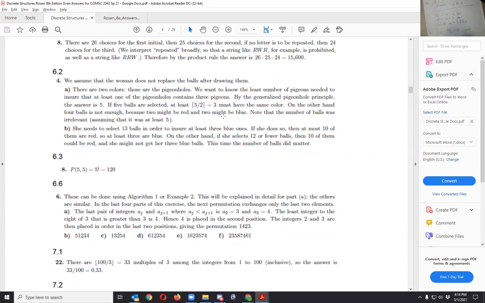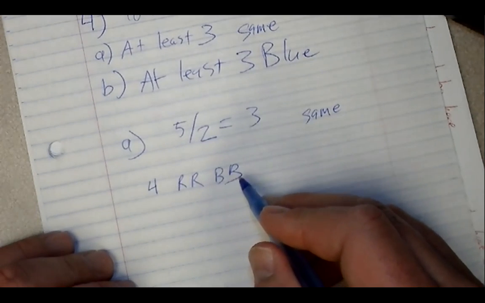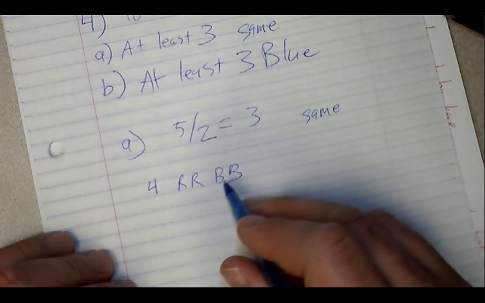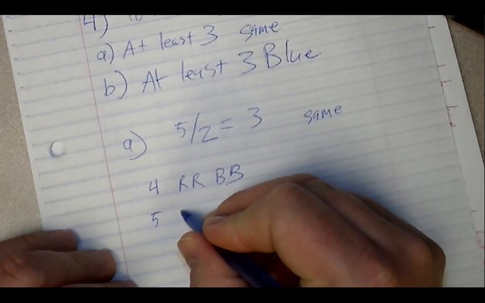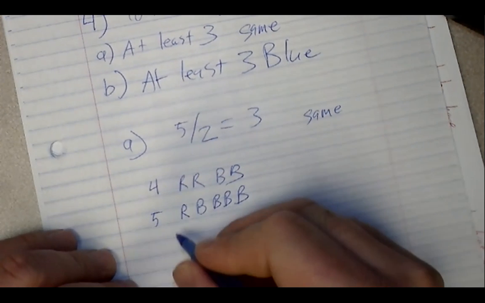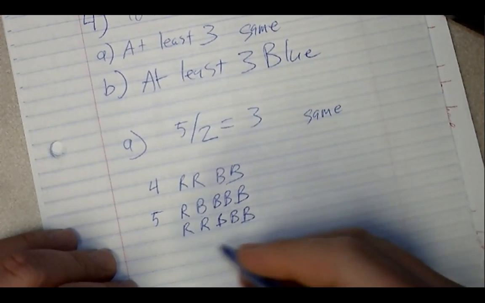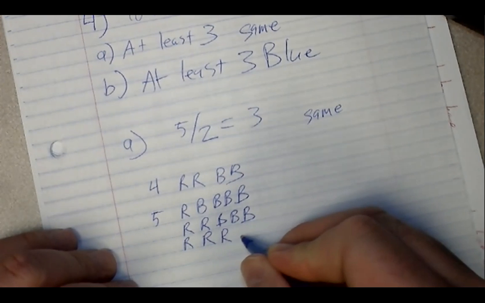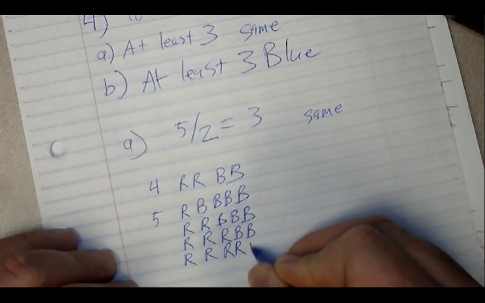If we do 4, we might get red, red, and blue, blue. Here, let me go ahead and stop my share right quick so you can see this a little better. It might be like that. So there's a possibility that it didn't come out. But if you do 5, it might be red, blue, blue, blue, blue, or red, red, blue, blue, blue, or red, red, red, blue, blue, or red, red, red, red, blue.